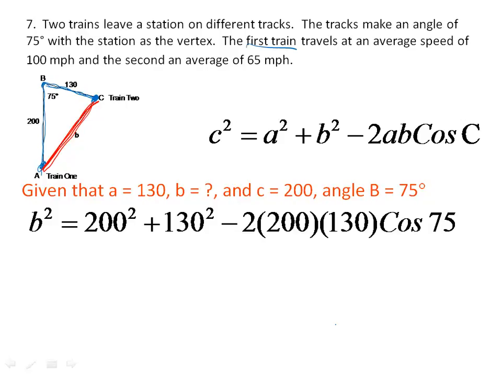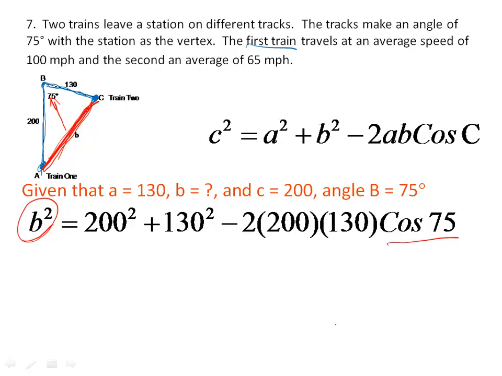Alright, so c squared equals a squared plus b squared minus 2ab times cosine of C. Alright, we're trying to find a side length, b. Okay, so the key to setting this up is to put the side length we're trying to find first, b squared, and to put the angle that is opposite that side at the end, cosine of 75.